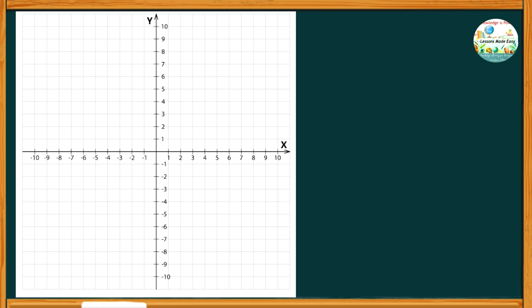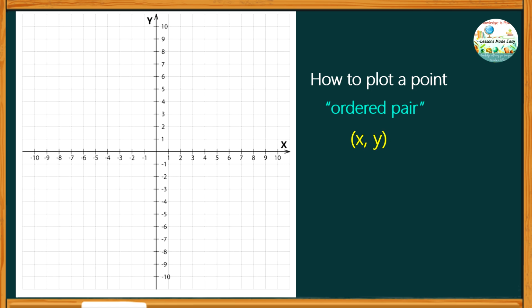Let's try plotting some points. To plot a point, we use an ordered pair written as x and y. Plot the point for positive 4 and negative 3. The first number tells us how far to move left or right along the x-axis. The second number tells us how far to move up or down along the y-axis.